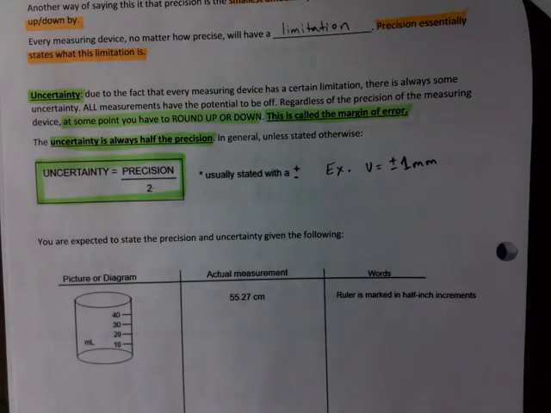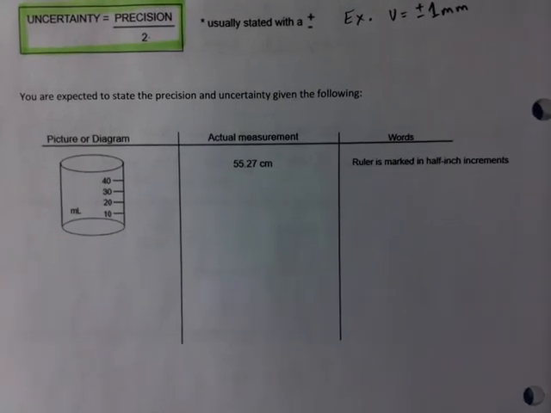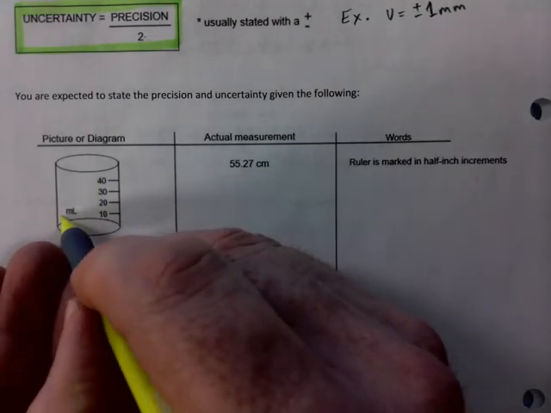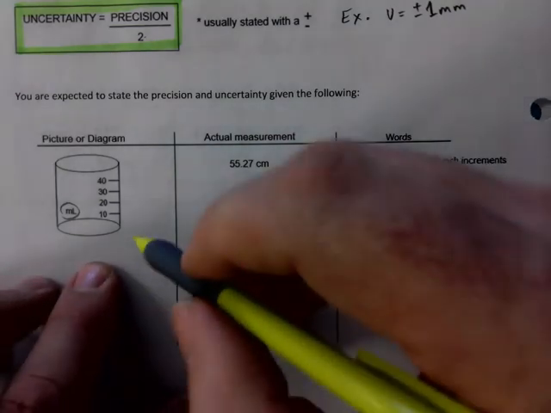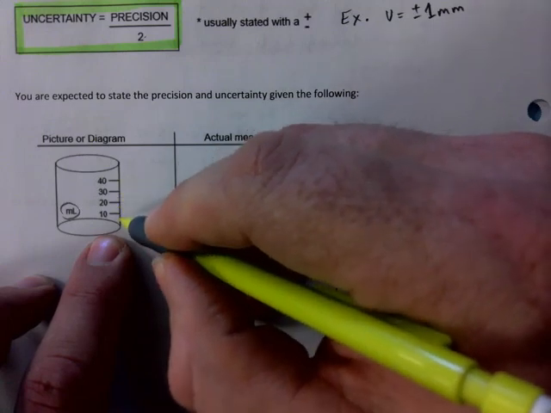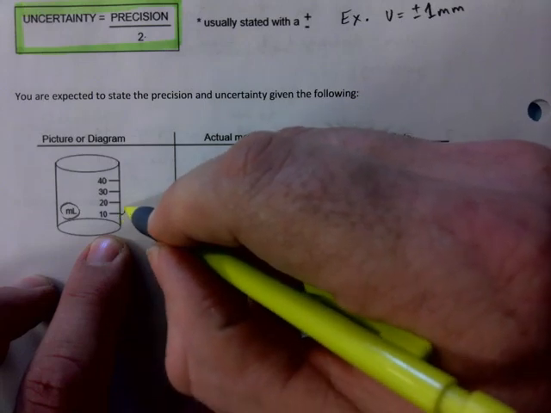Please pay attention to this part. This is where it all comes together, and I can guarantee you there'll be a question like this. We look at this device right here. We noted that it's milliliters. Units are very important in this particular chapter. What is the smallest amount that this thing appears to be going up by? 10, right?